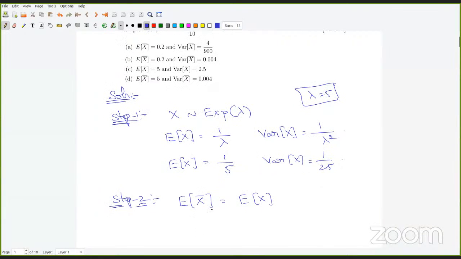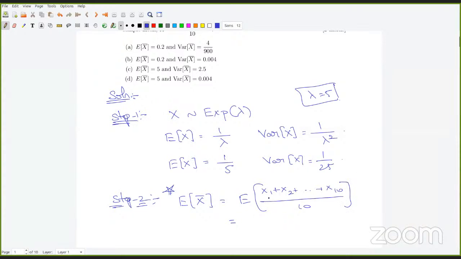If you don't remember this, it's fine. If you know the linearity of expectation, you can get it from there. Using linearity, the expectation of x bar is the expectation of x1 plus x2 and so on till x10, divided by 10.